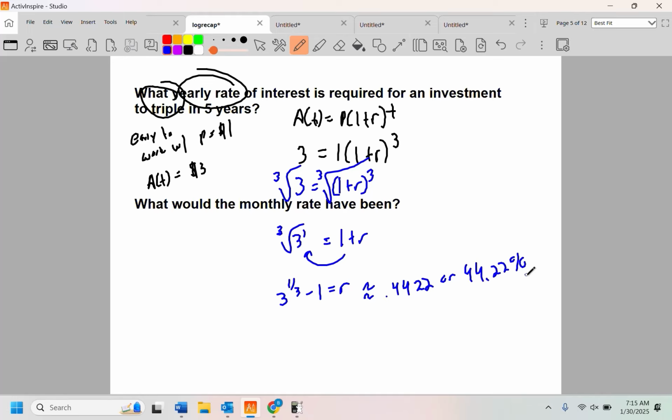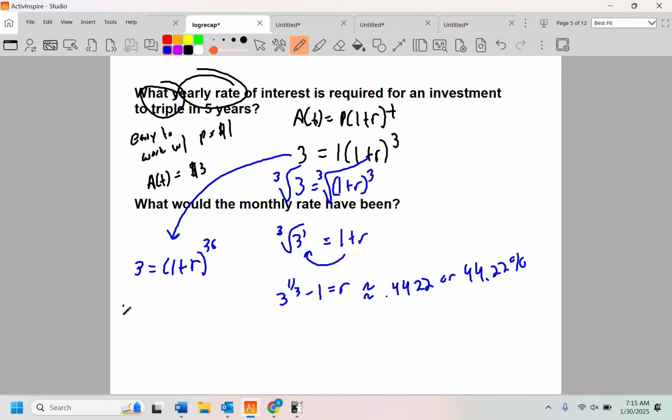Well, there's a couple ways of doing this. There really are. The thing that might make most sense to y'all, and I'll show you both ways, is instead of having a 3 here, having a 36. Now, why would Milbrath put a 36 in there? Because 3 years, 3 times 12, 36 months.